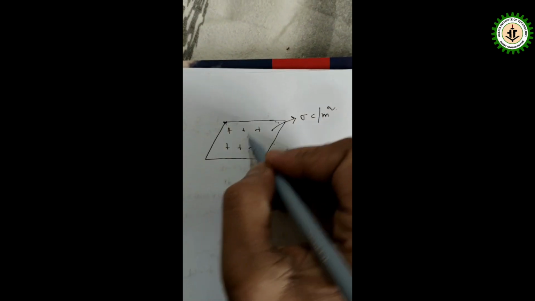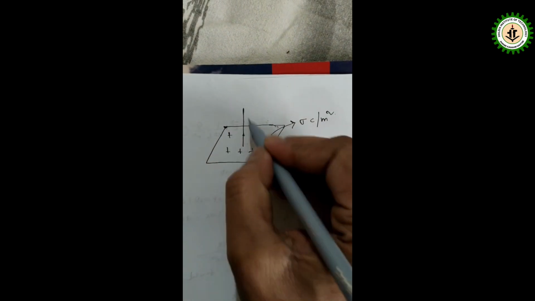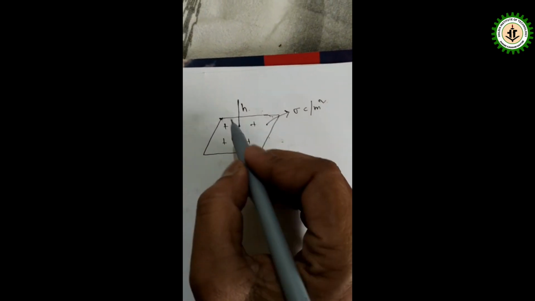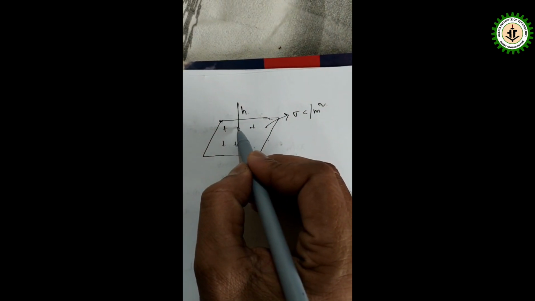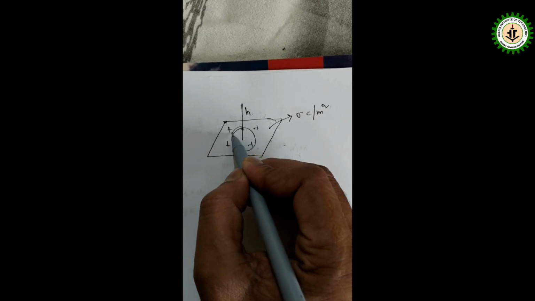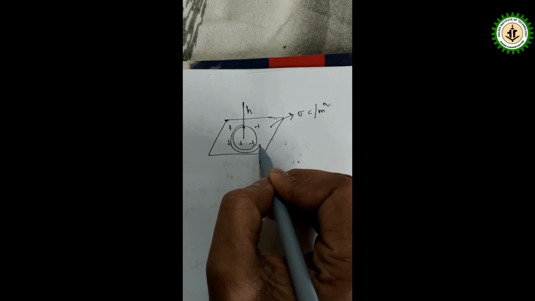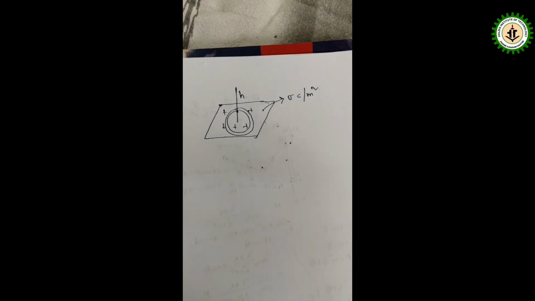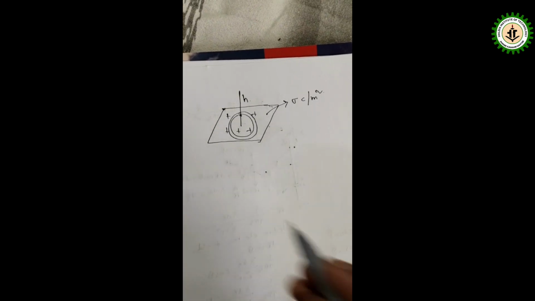So here if I consider this is a height h, now there are lots of charge, so if I take a small elementary part and first calculate the electric field for this small elementary part, then using integration I can calculate the net field at height h.